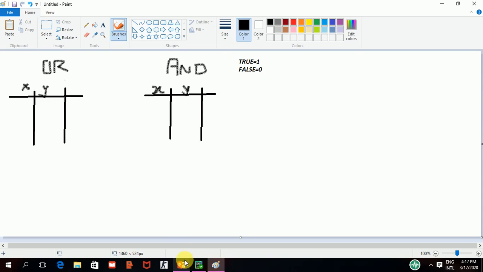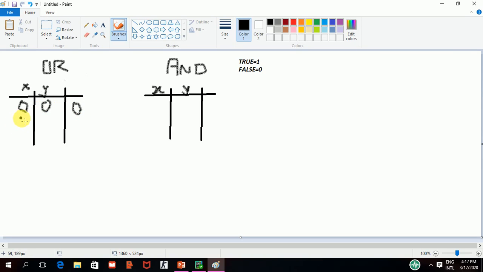Now I am going to start. First of all, we are going to jump on the OR operator. If we have 0 and 0, which means both of our conditions are false, then the result will again be false.